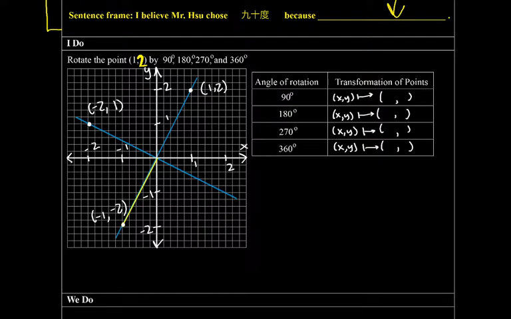Alright. Let's check the next one. So if you haven't noticed yet, I specifically designed this thing so that when I rotate, it's going to go to those specific numbers. So this is going to be 2, -1.